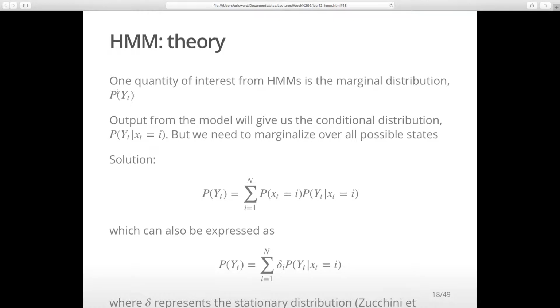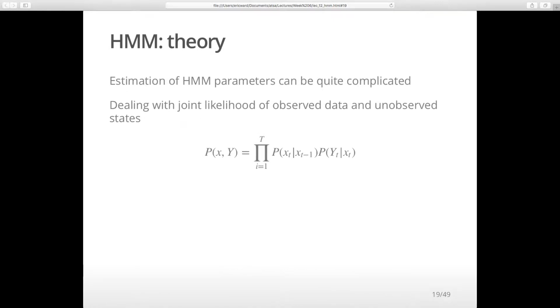So to do that, there are some summations which we can use to marginalize over all of the different states of nature. And again, this delta represents the stationary distribution, which we talked about a few slides ago. That can be calculated by exponentiating the matrix of transition probabilities, the gamma, from that HMM.